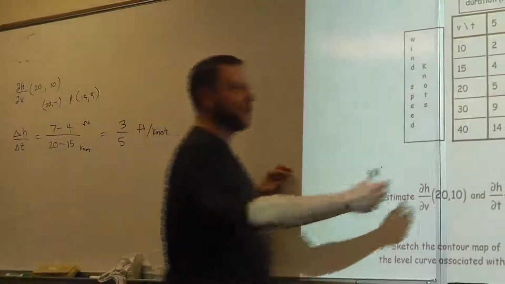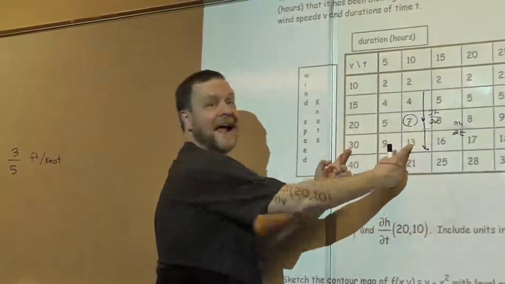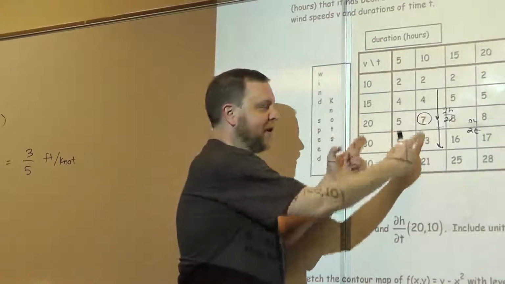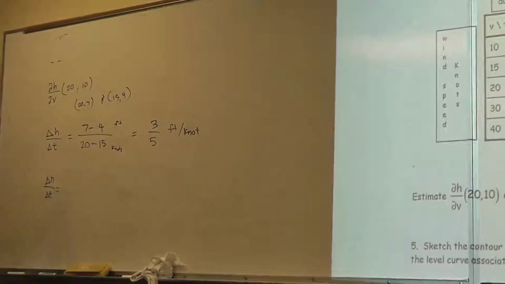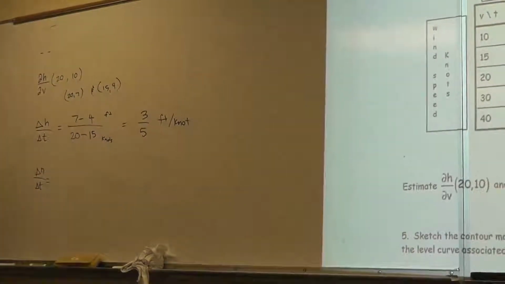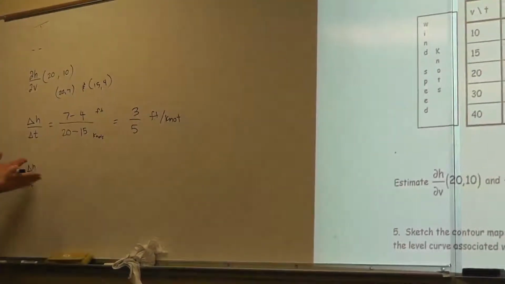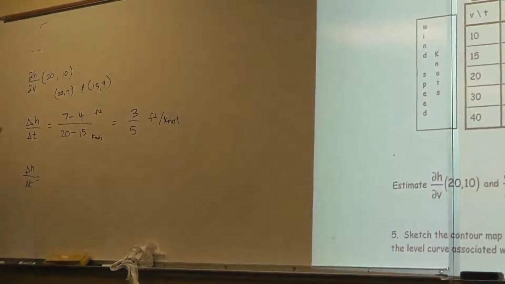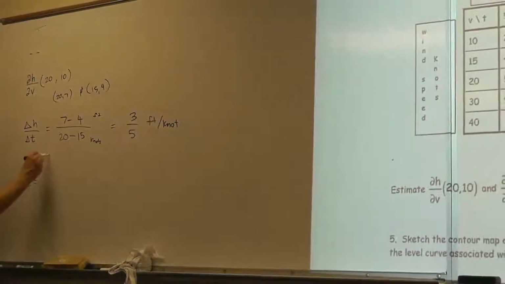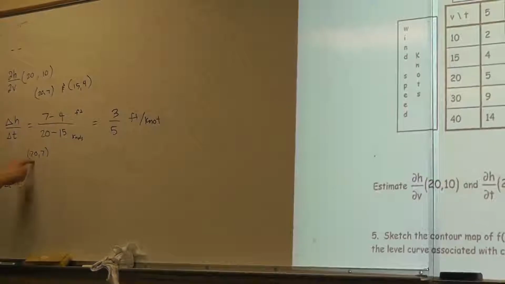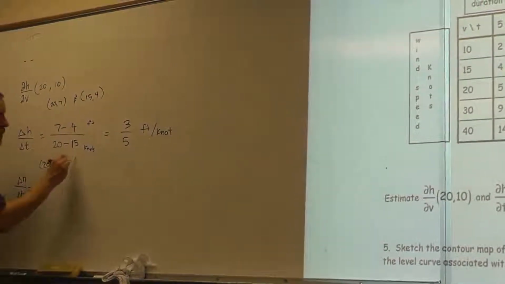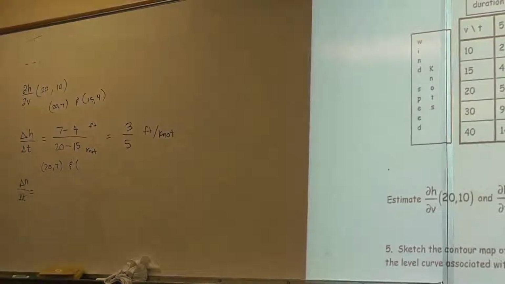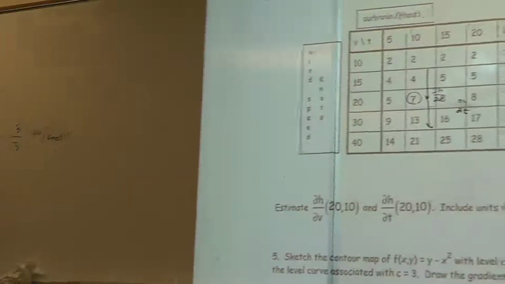I also want to measure this average rate of change. So go from here to the next point outward and approximate your change in height over your change in wind speed. So that's going to be, well, let me do the coordinate thing again. I'm still using the point 20,7. 20 knots corresponding to 7 feet above sea level. And I'm now including the new point 30,13.